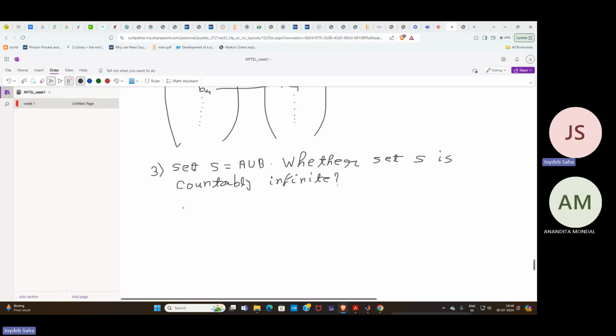So how can we write S? S will be A1, B1, A2, B2, and so on.